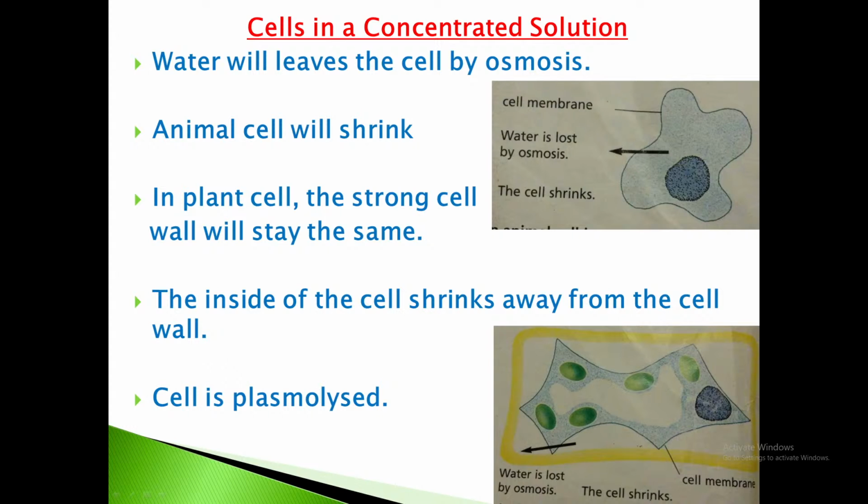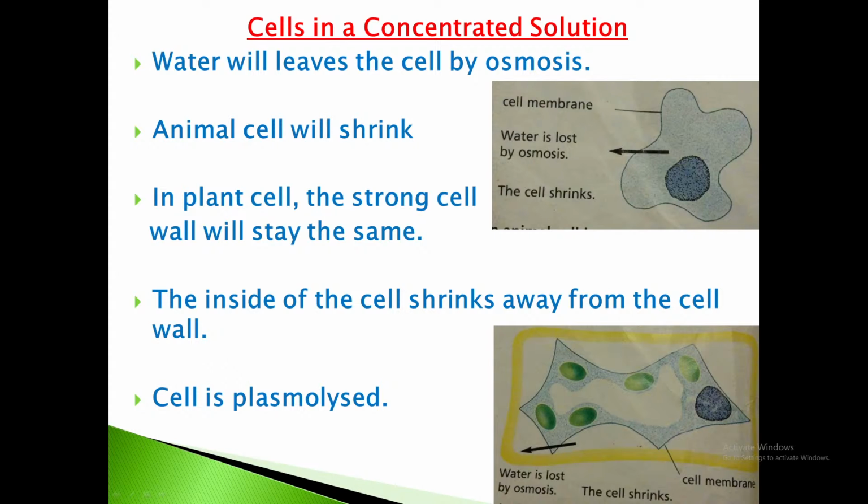They are saying that in a plant cell the strong cell wall will stay the same, and the outside of the cell shrinks away from the cell wall. This is called plasmolysis. Looking at the diagram below, which represents the plant cell again, you will realize that the cell membrane is going inward.